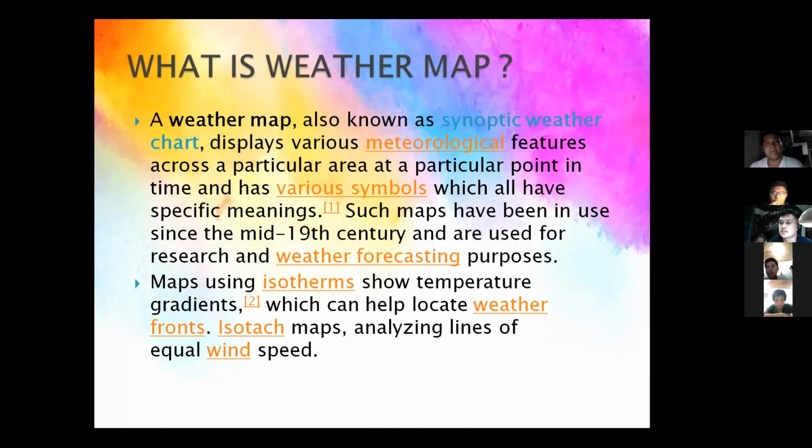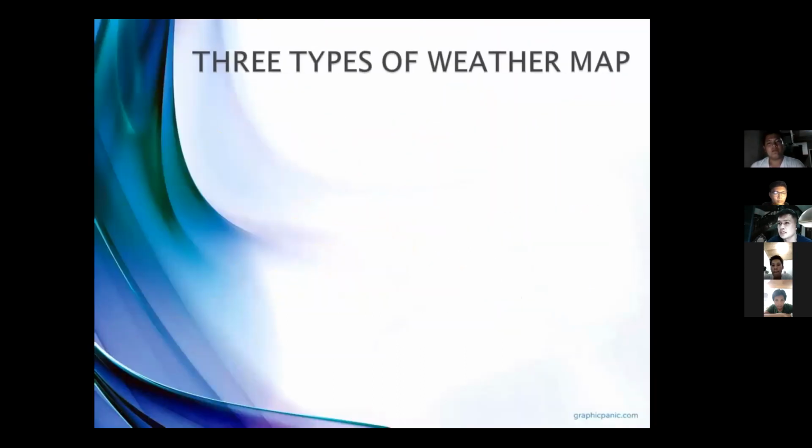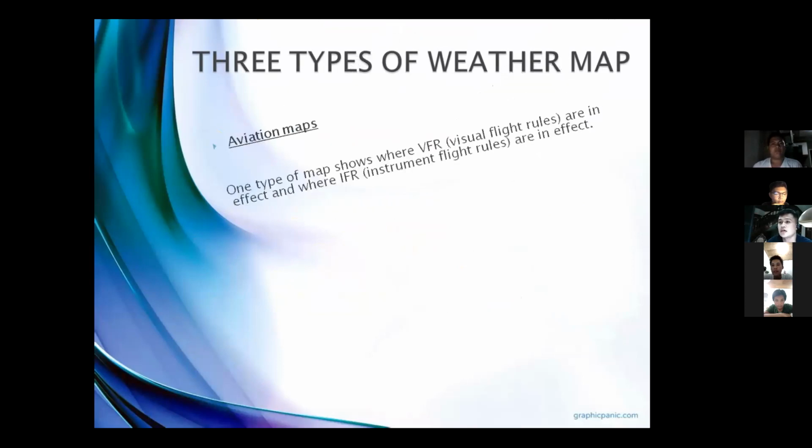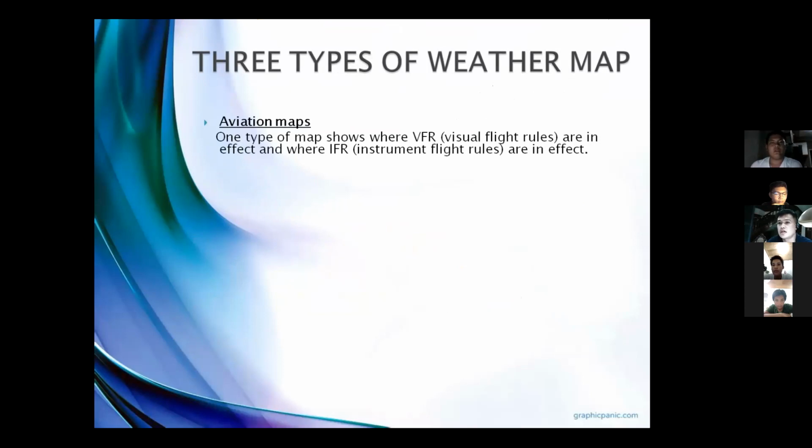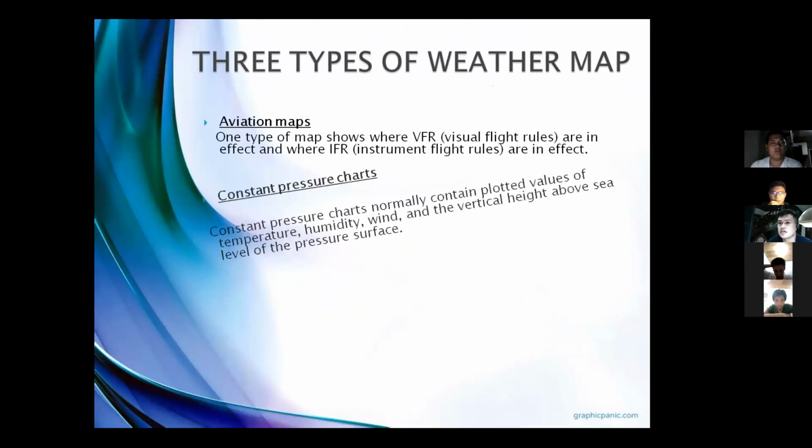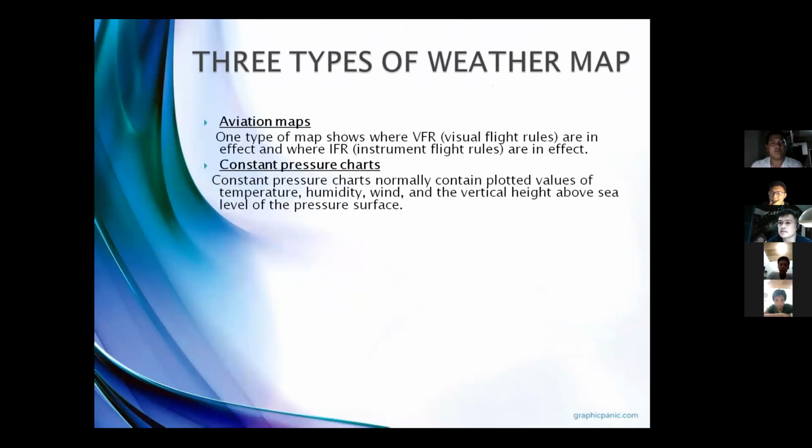There are three types of weather map, namely the aviation maps. The aviation map is a type of map that shows the VFR or visual flight rules.